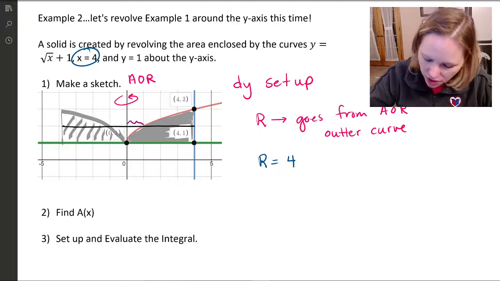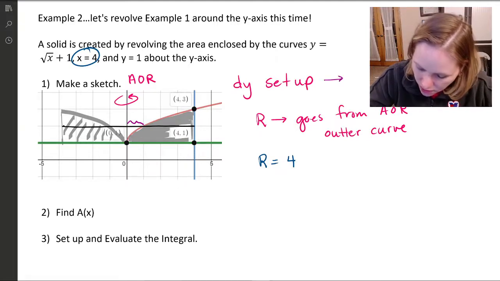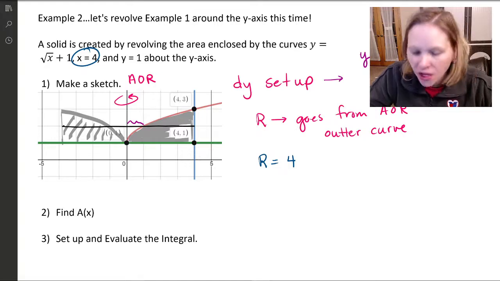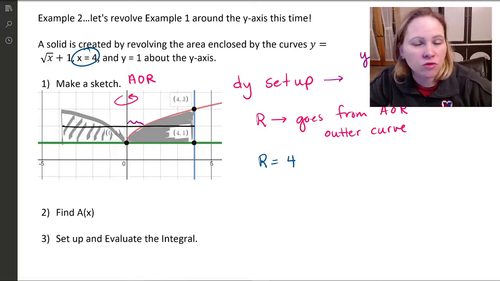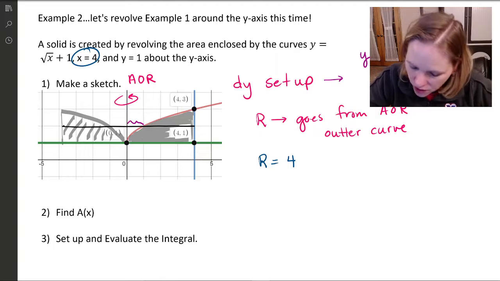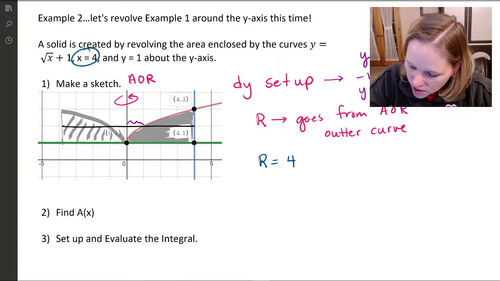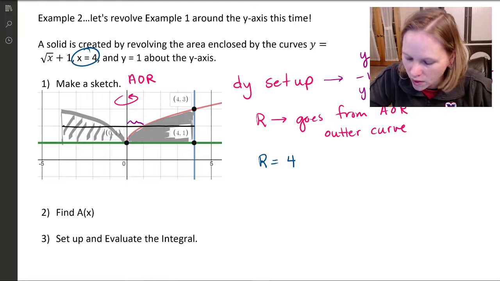Now the tricky part here is that since it's a dy setup, I have this equation, y equals the square root of x plus 1. I'm going to need to solve it for x equals to be able to use it in my integral. So I'm going to have to subtract 1. I get y minus 1 equals the square root of x. When I solve for x, I'm going to square both sides. I get y minus 1 squared.